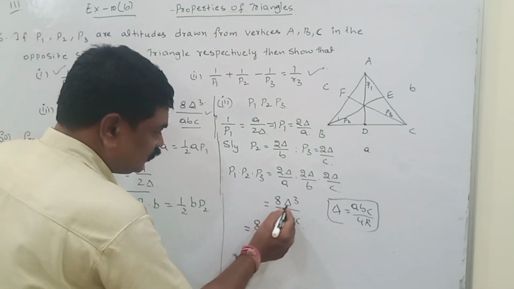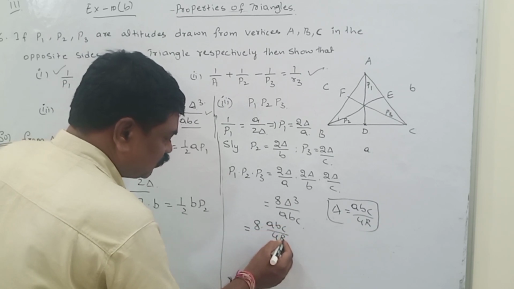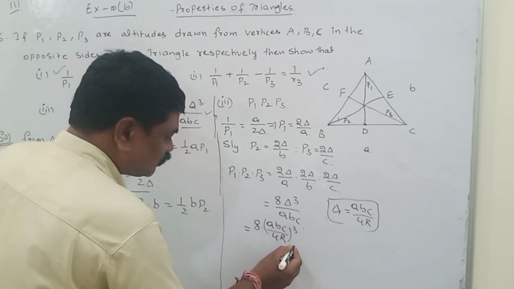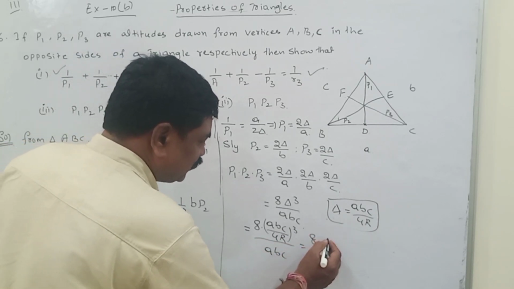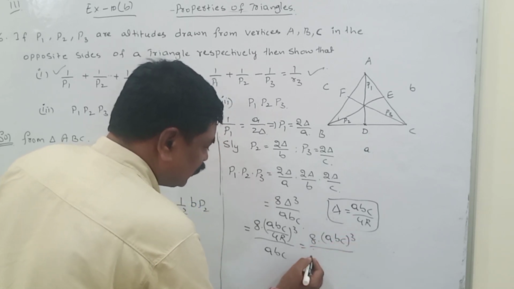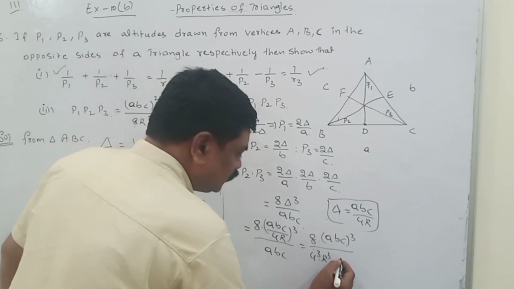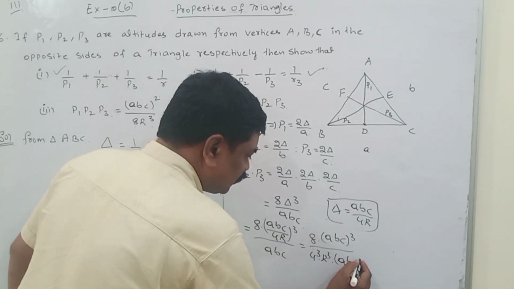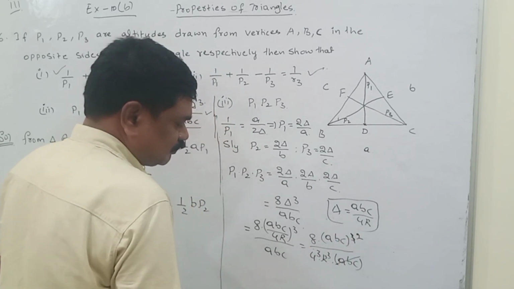Then 8 into delta value, ABC by 4R, whole cube by ABC. So 8 into ABC whole cube by 4 cube into R cube into ABC. Okay, one ABC cancels.